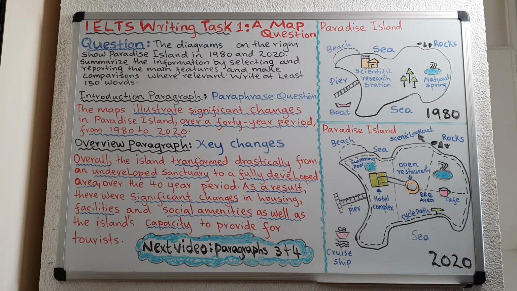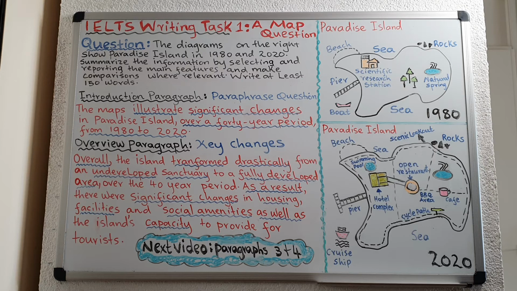Overall, the island transformed drastically from, so what did it change from? It changed from an underdeveloped. Underdeveloped means that it was in its natural state in 1980. It was not yet developed. They had not built anything there apart from the scientific research station.